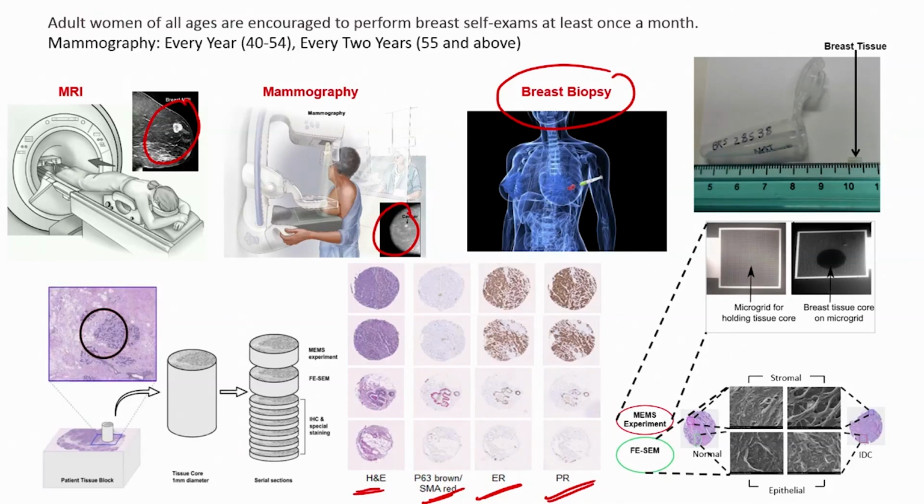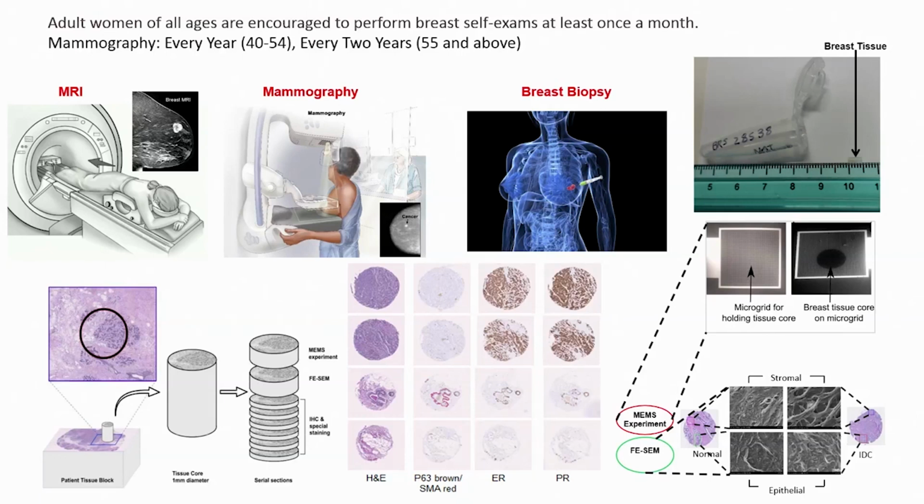In these techniques, there is one drawback, and that is a very high number of false positive and false negative results. How can we reduce these false positive and false negative results? That is our goal.